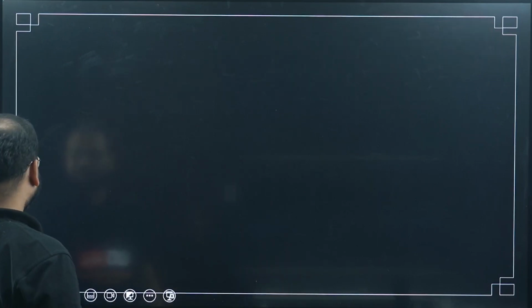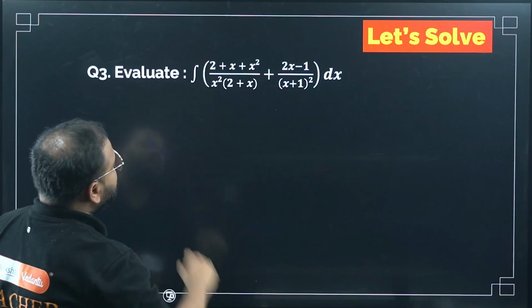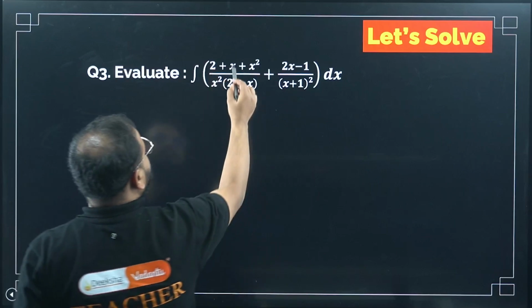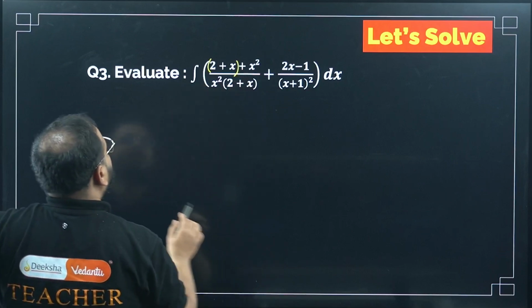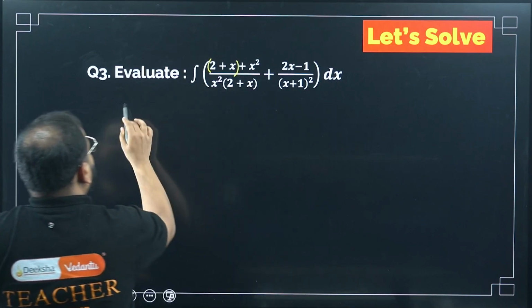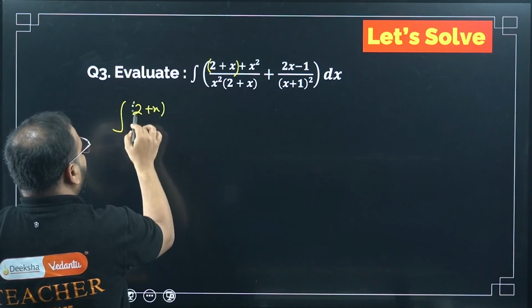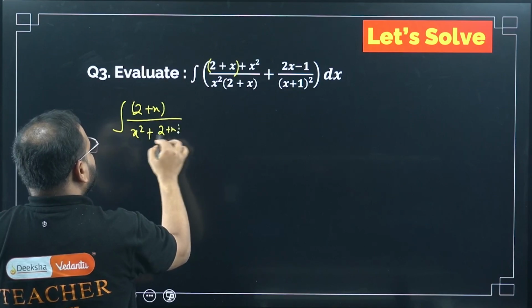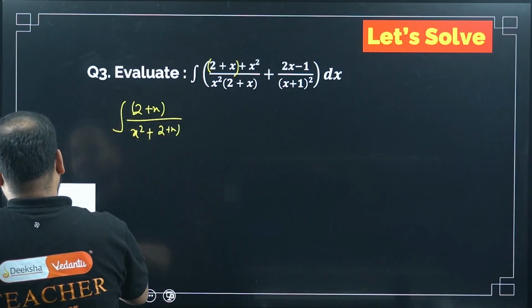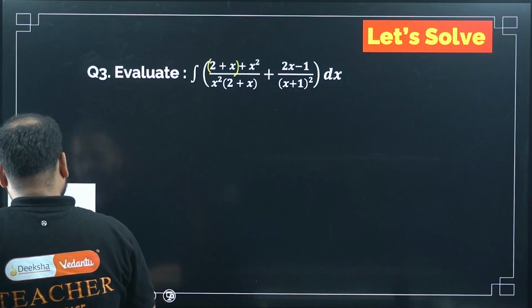Okay, let's see. I can see one thing is 2 plus x is common here, and x square is also common. If I break this like this, I'll write this integration again in this form. Let me rewrite it, 1 second.